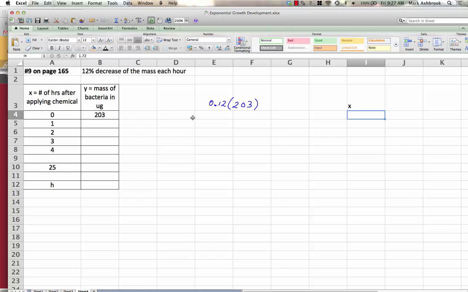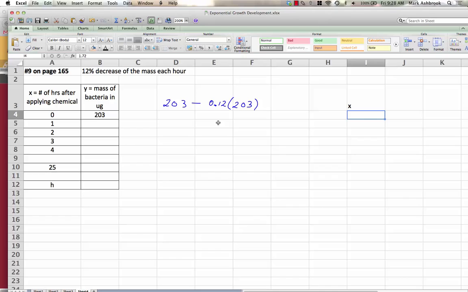So to get the new amount, I'm going to start with what I had before and do what? It's the same thing. Your baseline is what you had before. And with the salary, we added a percent. We added 0.05 of the previous salary. Now this is decreasing, so we're going to start with the previous amount and subtract a percent of the previous amount, in this case, 12% of 203.